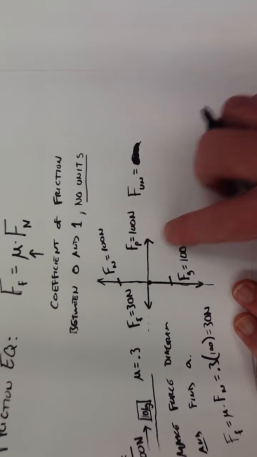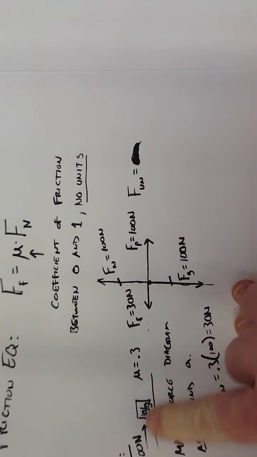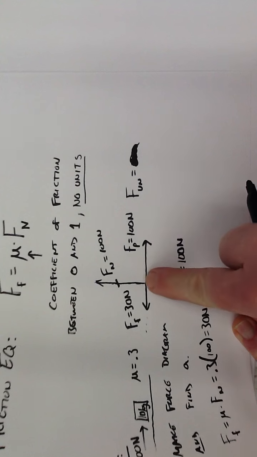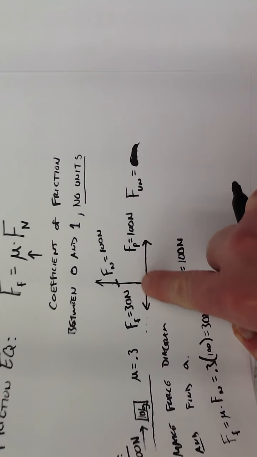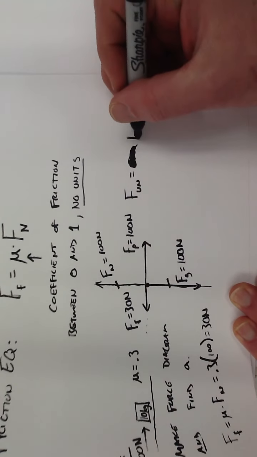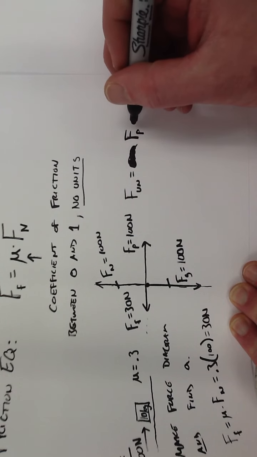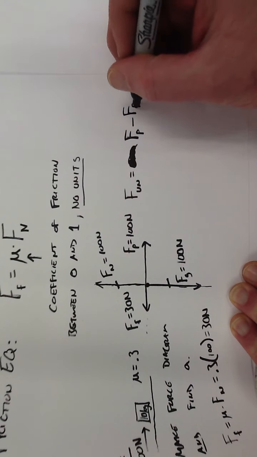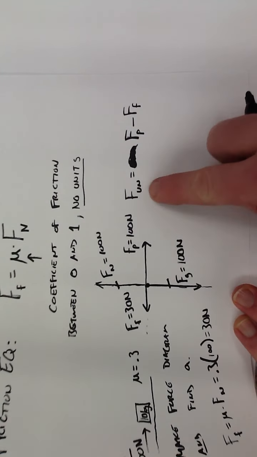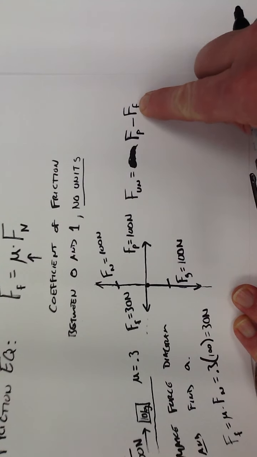So the unbalanced force here, the up-down, of course, that balances. There's no motion in the up-down direction. I have this push is on the winning side minus friction. So force push minus force friction. Unbalanced force is winner minus loser.